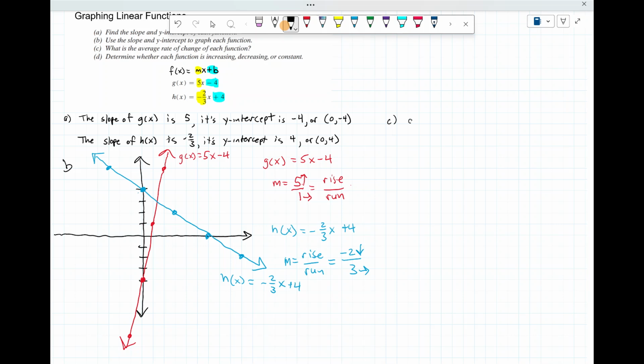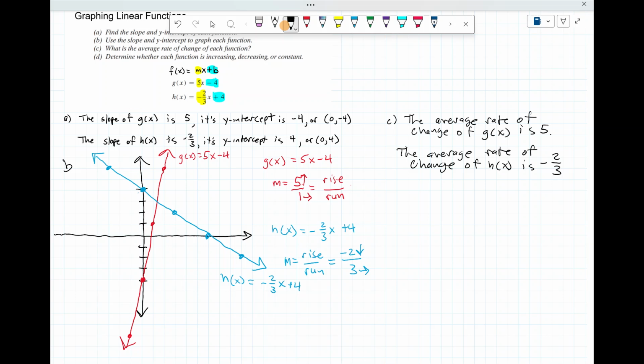So the average rate of change of g of x is 5, and then the average rate of change of h of x is negative 2/3. So very simple.